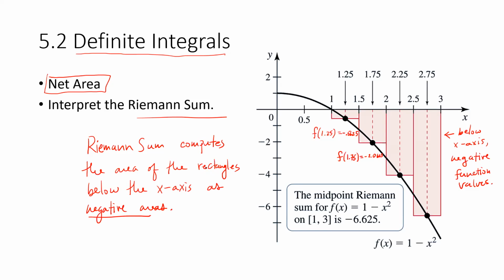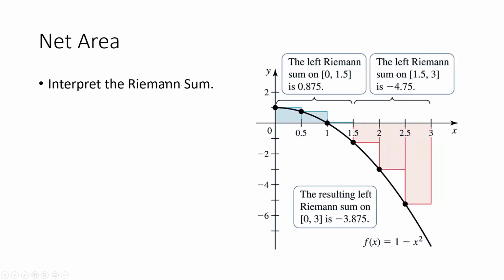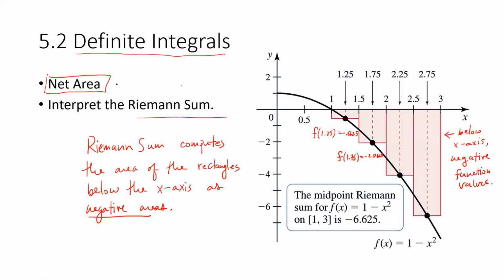So we're going to adjust that notion a little bit here and think of the net area as being where we consider areas that are above the x-axis as positive areas, and areas below the x-axis contribute a negative area.